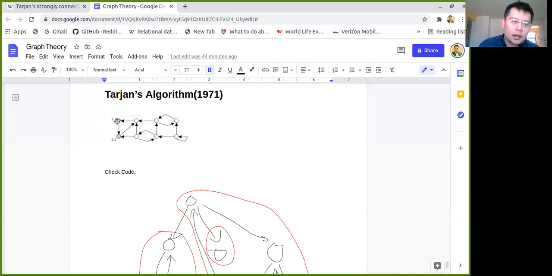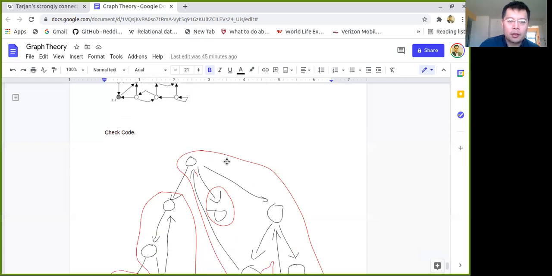And the second number denotes the smallest number that can be reached from the vertex so far. It's very subtle. It's actually in the code. You'll see the definition of the second number will be the minimum in its SCC, or strongly connected component.